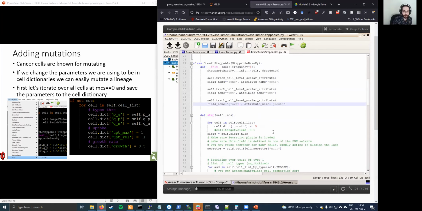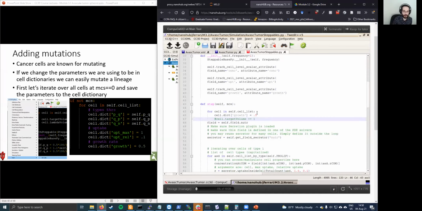So instead of hard coding, well, it's still hard coding and it's here, but this loop, the way it is, is going to nullify any mutation, because for every step I'm going through all of the cells and resetting their growth to be 0.5. So I only really want this to happen in the first MCS.